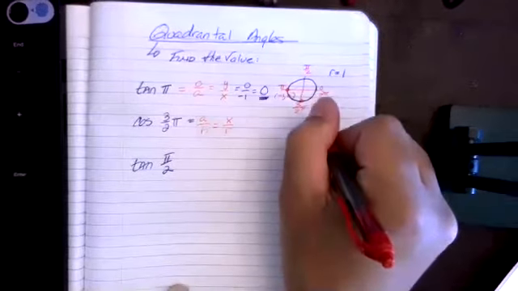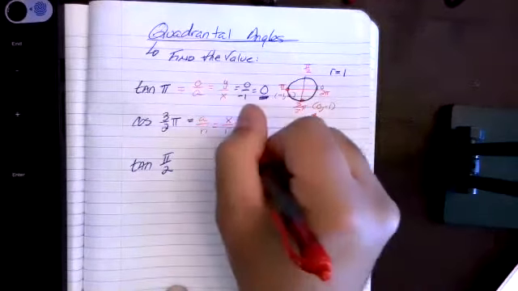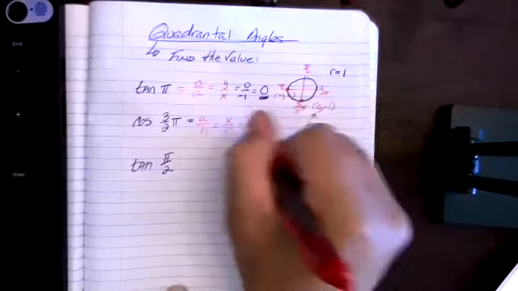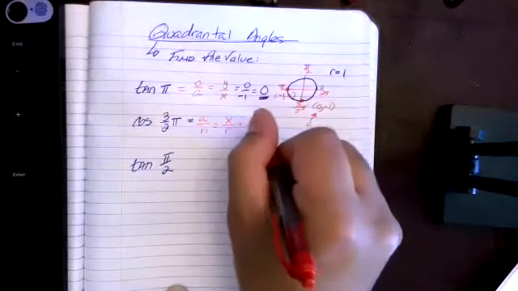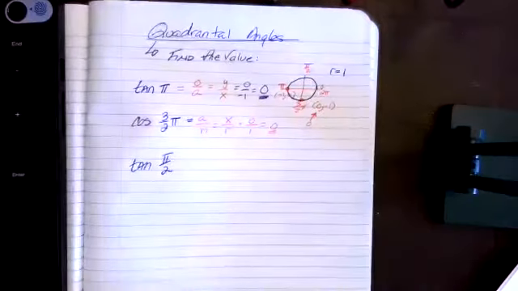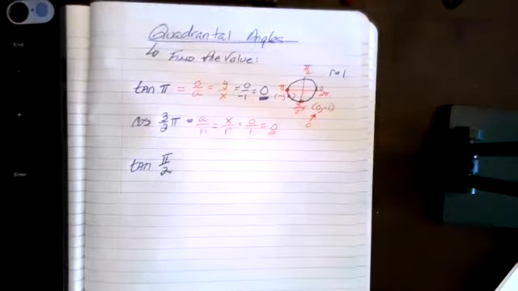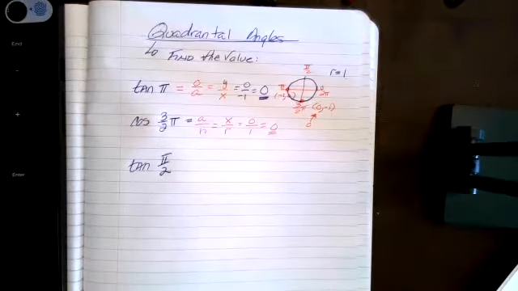So my x is 0, and my radius we said was 1, so this one again is 0. Like I said, the only possible answers are 0, 1, -1, and undefined. So there's only 4 possible outcomes for quadrantal angles.